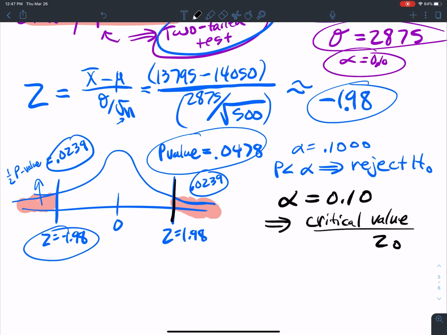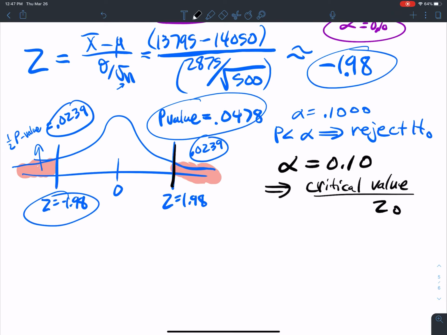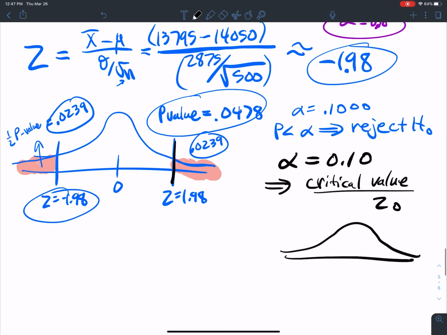So the critical value with a two-tailed test. If alpha is 0.1 and it's a two-tailed test, 10%, 5% is over here and 5% is over here. So the number you have to go look up is 0.0500. But guess what?